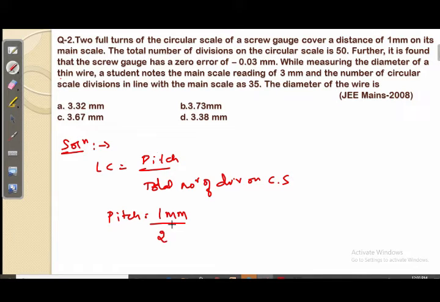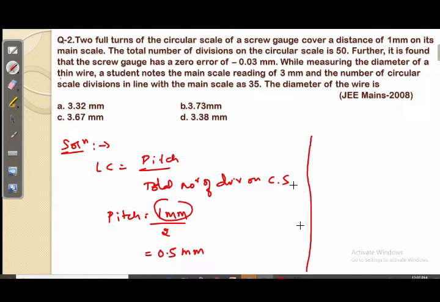So 2 turns cover 1 millimeter, so that becomes 0.5 millimeter. This is the pitch.